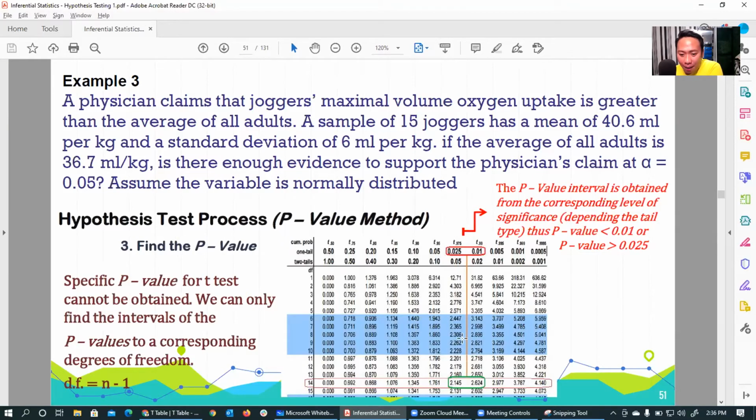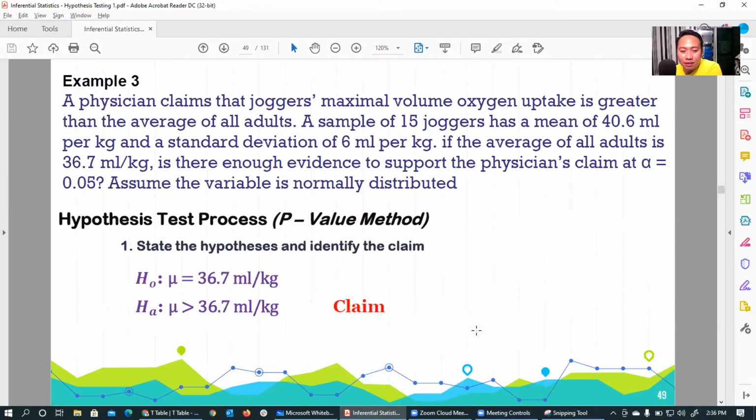And then you scroll up to look for the p-value. Your options are 0.05, 0.02, 0.025 and 0.01. Which will you pick? You're going to pick the tail depending on your alternative hypothesis. Let's go back to our alternative hypothesis here. Our alternative hypothesis is a one-tailed test, greater than.